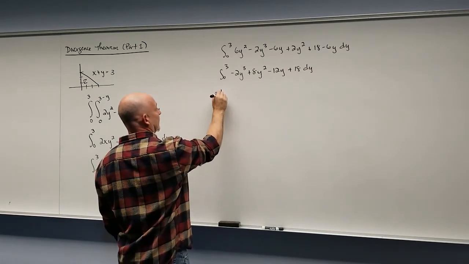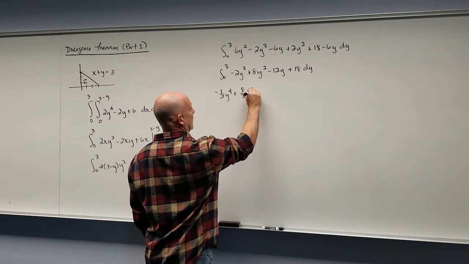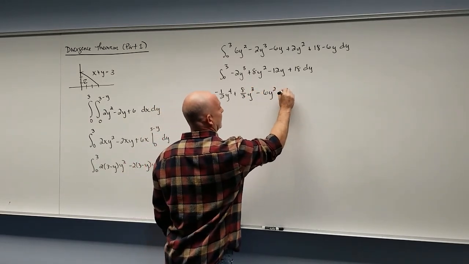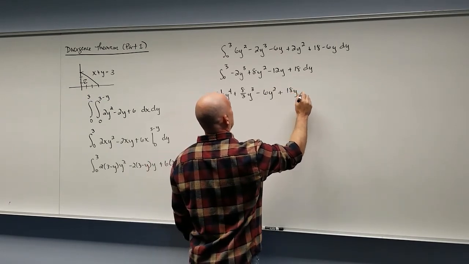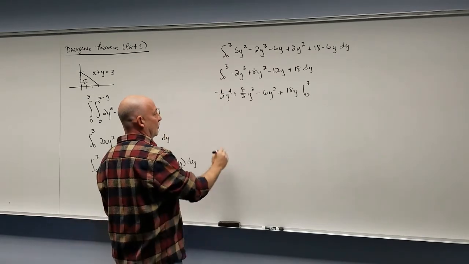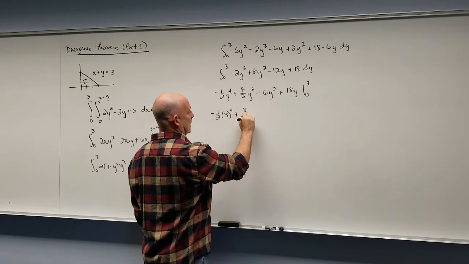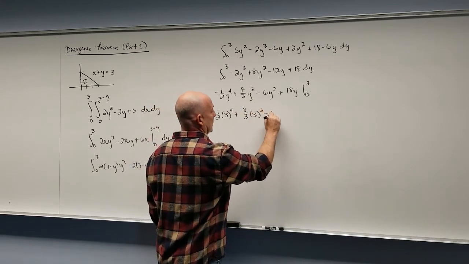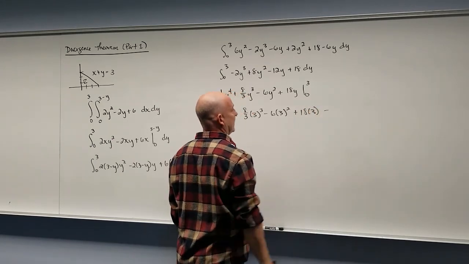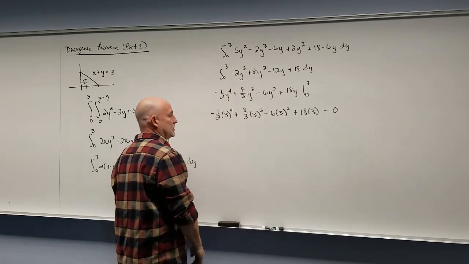All right, integrating this, we get negative 1/2 y to the 4th plus 8/3 y cubed minus 6y squared plus 18y evaluated from 0 to 3. Top endpoint minus the bottom endpoint, we have 1/2 times 3 to the 4th, 8/3 times 3 cubed, 6 times 3 squared, 18 times 3 minus, of course they all have a factor of y, so when we plug in the 0, we get 0.